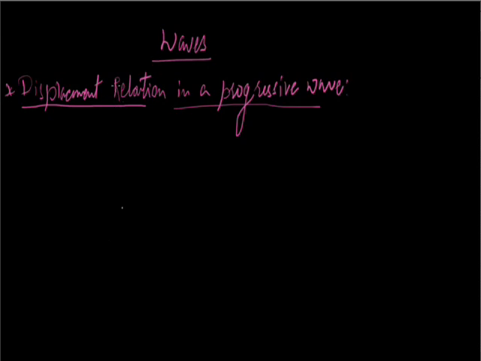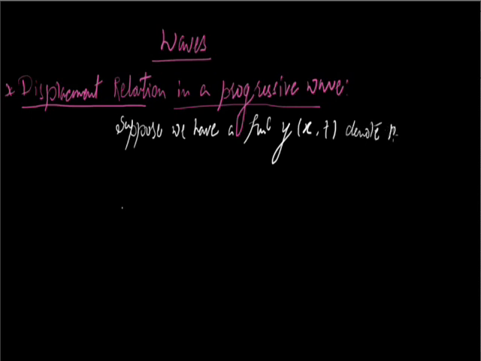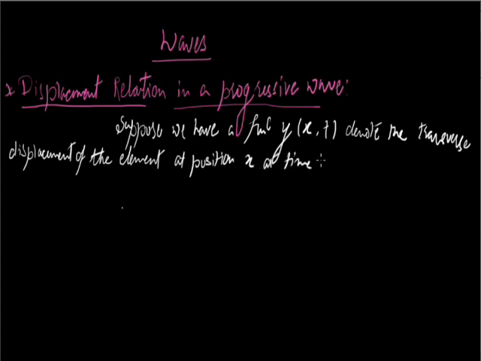Let us suppose we have a function y(x,t). This denotes the transverse displacement of the element at position x at time t.